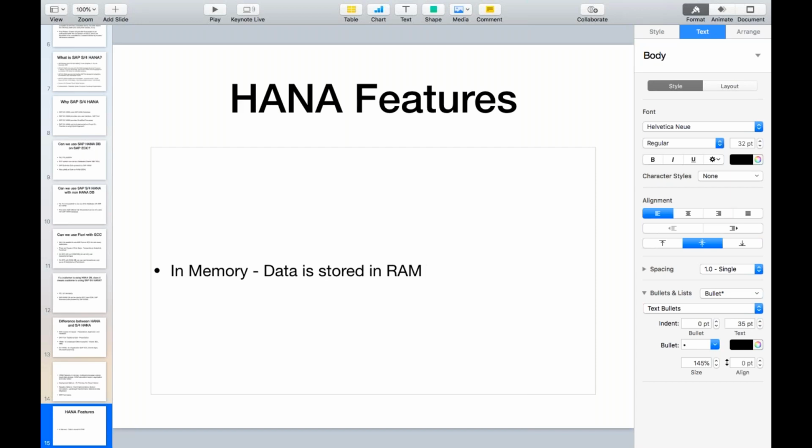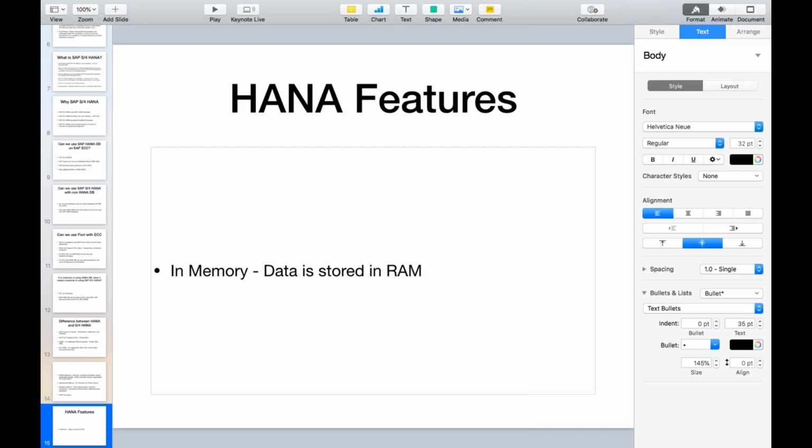But the thing is, if a customer wants the speed, then definitely they have to invest more money in terms of RAM. Okay, and again, the problem is, if I ask you a simple question: currently my customer is using, let's say, 1 TB of data. Currently, our customer is using an SAP system with Oracle database, which has 1 TB of data.